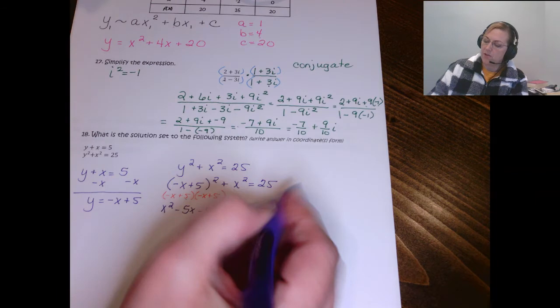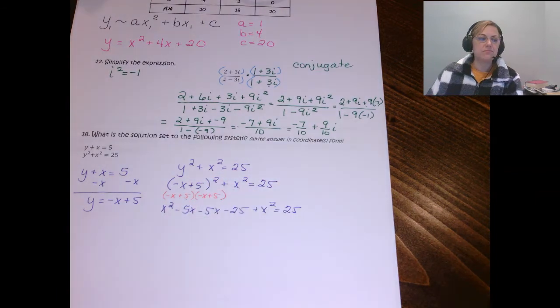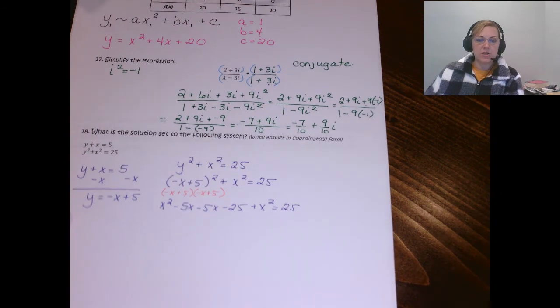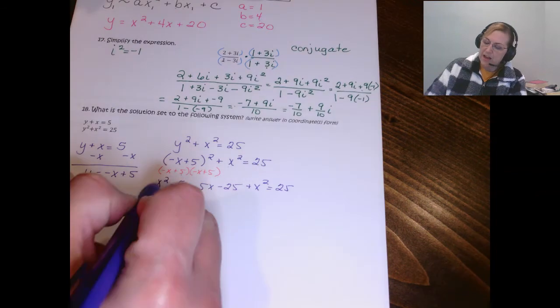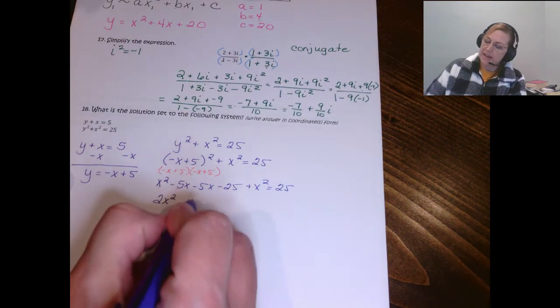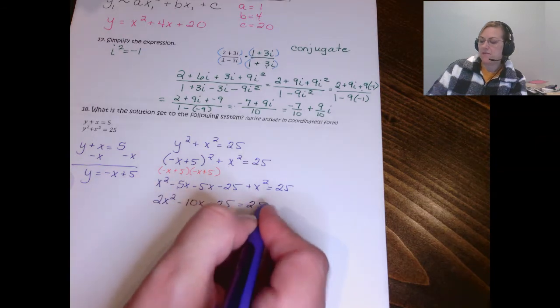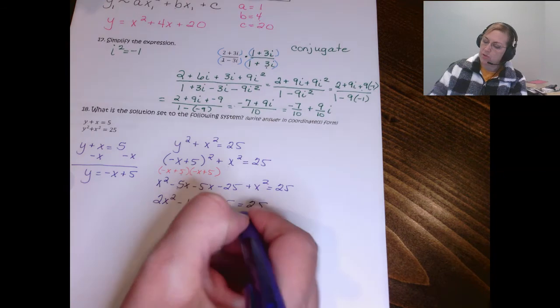Don't forget your other x squared equals 25. Now, let's go ahead and combine like terms. I've got 2x squared minus 10x plus 25 equals 25. So I'm going to go ahead and subtract this 25.